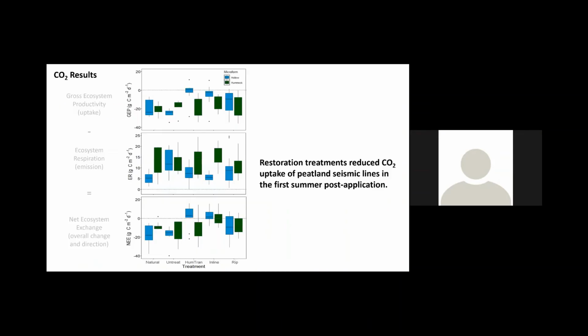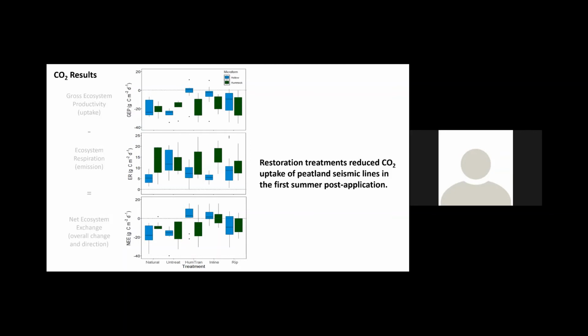So some preliminary results. Just a quick review of what this actually means. Gross ecosystem productivity is the total uptake of the system of CO2, and that's typically the plants taking up carbon.